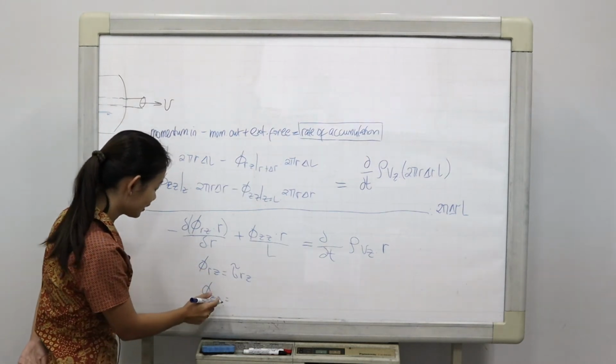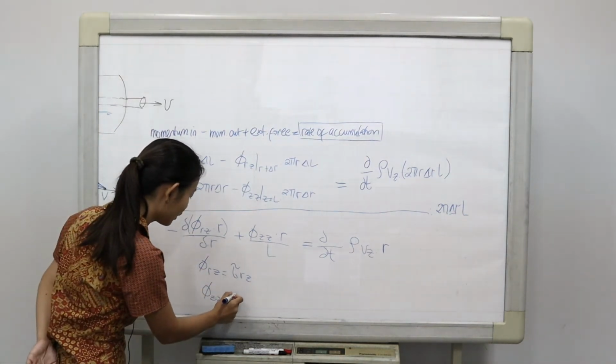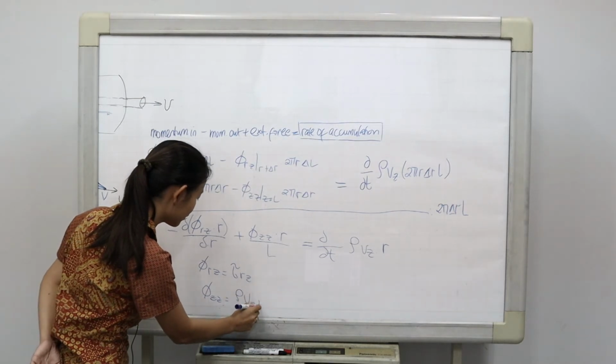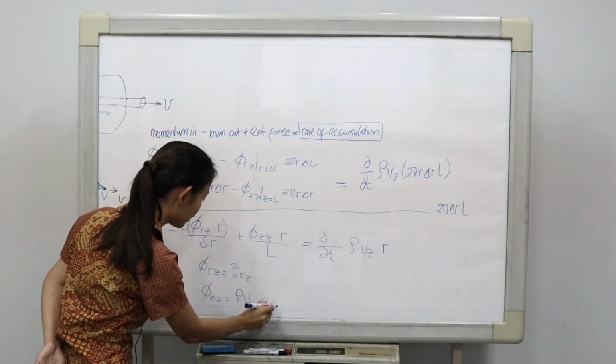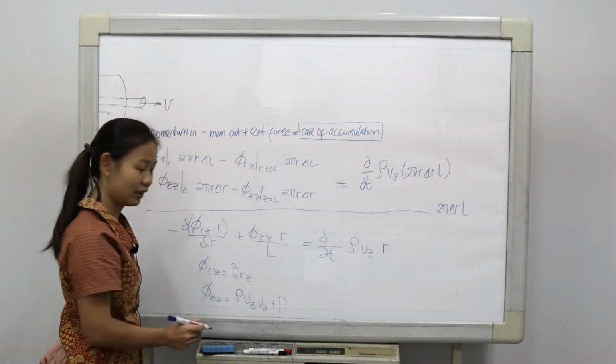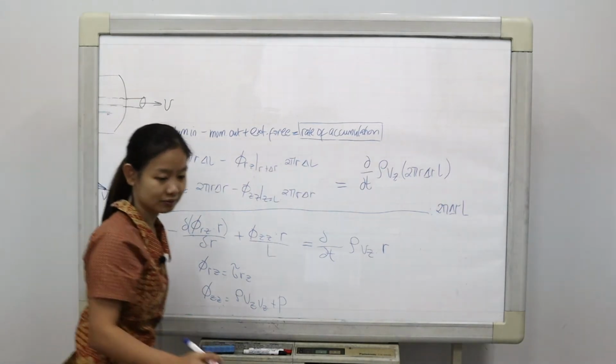For the vZz, we have rho Vz, and we also have pressure actually.